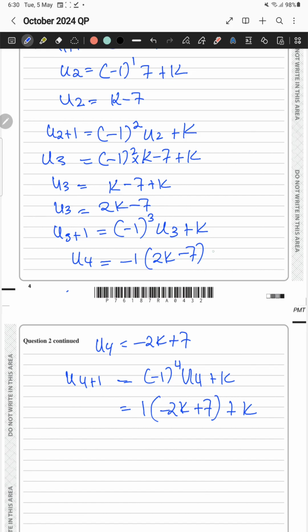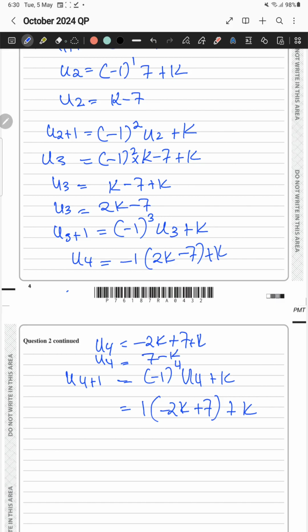One mistake I have made, there was plus k here, right? Sorry, I omitted the k which was coming along. So u4 is now going to be 7 minus k.